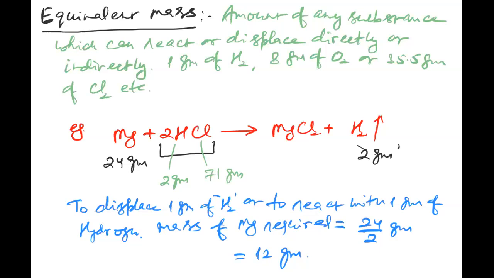So to displace 1 gram of H2 or to react with 1 gram of hydrogen, the mass of magnesium required should be equal to 24 by 2 gram, which comes out to be, let's say, 12 gram.